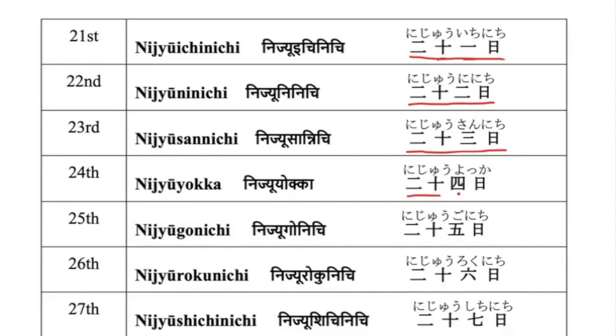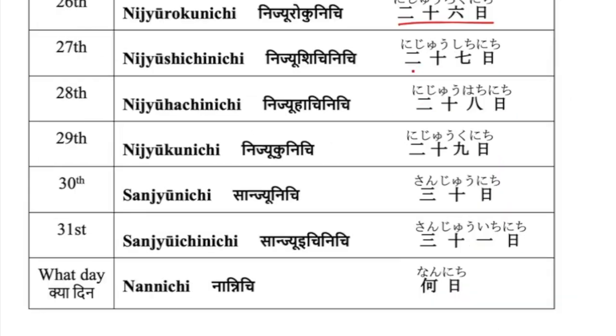It is Niju Yokka. The 25th day, Niju Go Nichi. The 26th day, Niju Roku Nichi. The 27th day, Niju Shichi Nichi. The 28th day, Niju Hachi Nichi. The 29th day, Niju Kunichi. The 30th is Sanju Nichi. The 31st is Sanju Ichi Nichi. And what day is Nan Nichi.